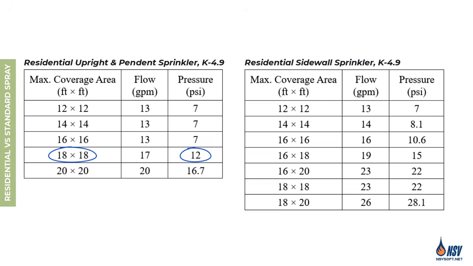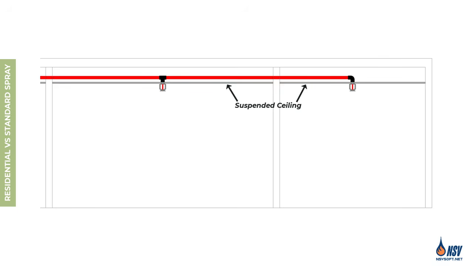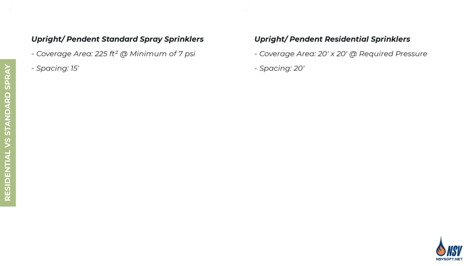However, for sidewall sprinklers covering the same area, the required pressure increases to 22 pounds per square inch. Therefore, when conditions allow the installation of pendant sprinklers, for example, when the room has a suspended ceiling that conceals the piping for aesthetic reasons, choosing pendant sprinklers in the design can be a better option than sidewall sprinklers from a pressure requirement standpoint.